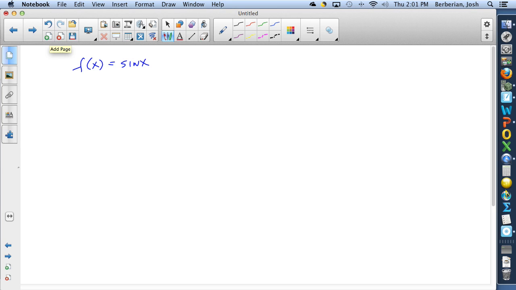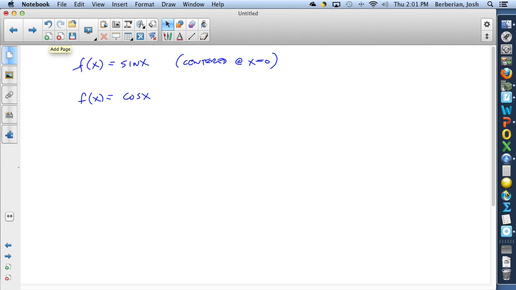Okay, so I'm going to say centered at x equals 0. Or I could simply say Maclaurin series. That implies centered at 0. Julian, Carly, and Emily, I'd like you to tackle cosine of x. Okay? That's the harder one. I knew you could do it. I'll give you like 4 or 5 minutes.